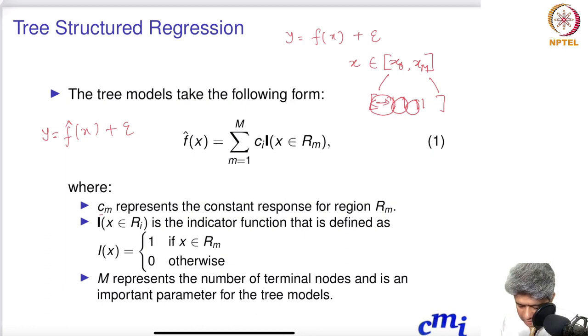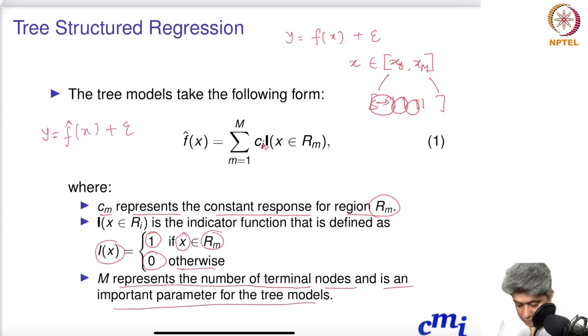Cm represents the constant response for region Rm, where I of x is 1 if x belongs to Rm, otherwise 0. And M represents the number of terminal nodes and is an important parameter of the tree models. We will talk about it.